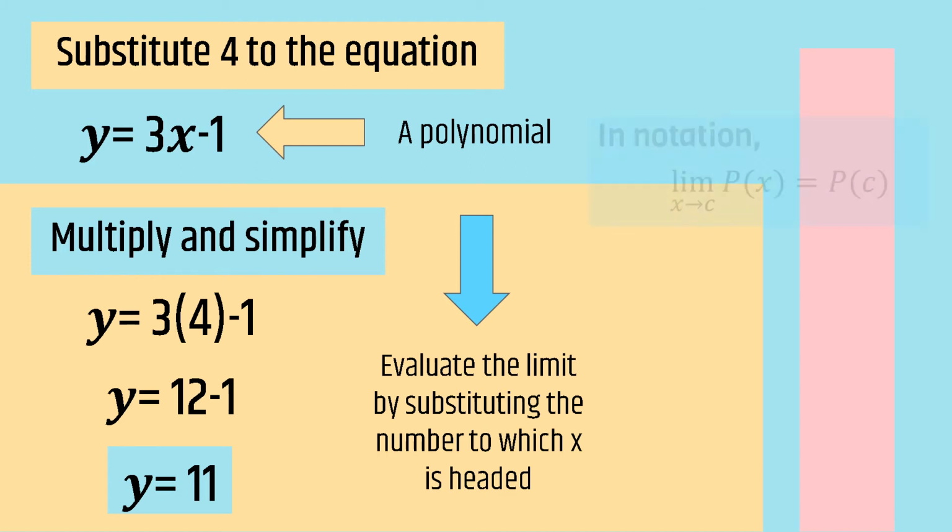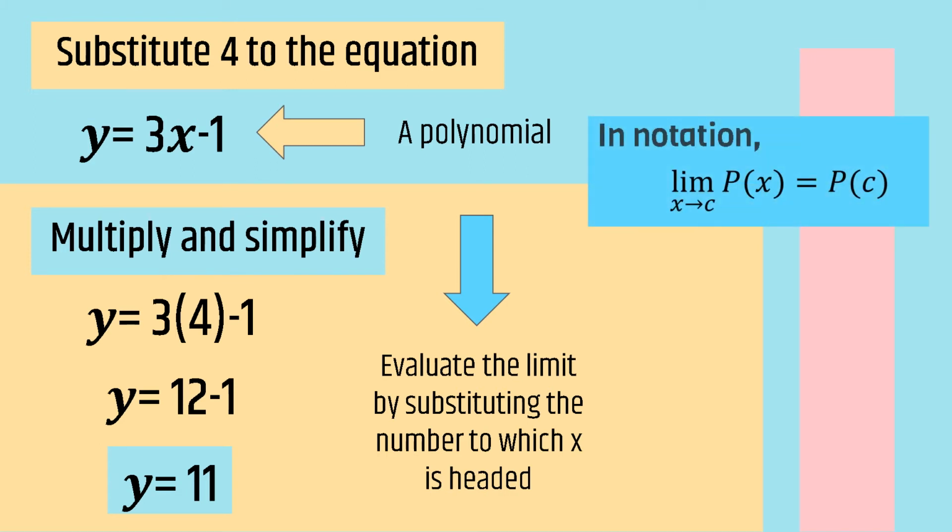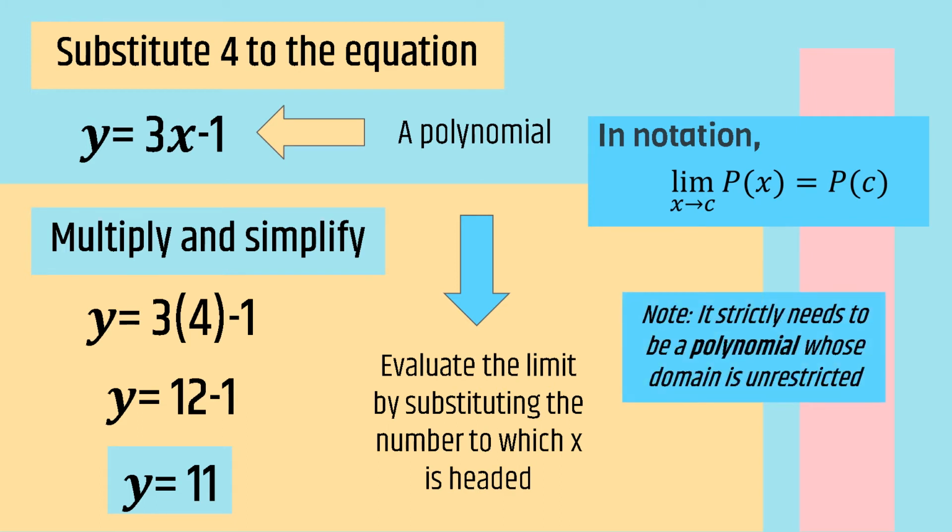In notation, the limit of p of x is equal to p of c, where p of x is a polynomial and c is the number to which x is headed. Note that p of x strictly needs to be a polynomial whose domain is unrestricted. If it's not the case, then you can't simply substitute c. We will discuss more about this in the next video on limit laws.